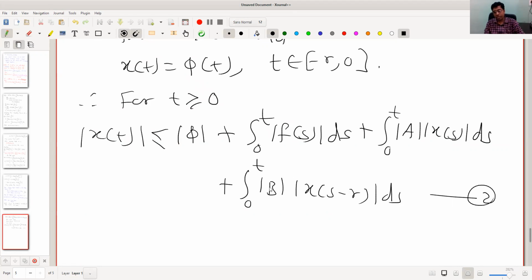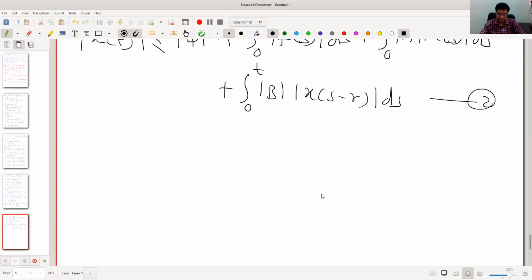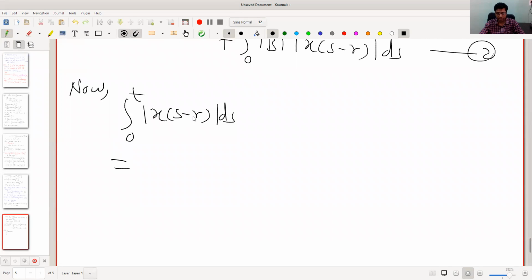Okay, now we simplify the last term, that is the integral 0 to t of the modulus of b times the modulus of x of s minus r ds. This modulus of b is constant. We simply work on this modulus of x of s minus r. So let us see. Now the integral from 0 to t of the modulus of x of s minus r ds equals, we use a change of variable.